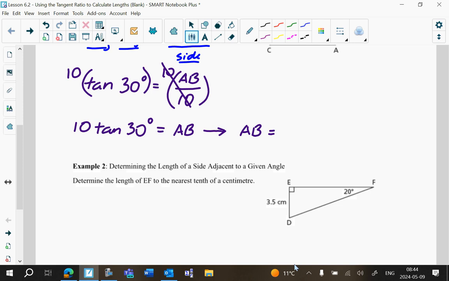All you have to do is go 10 tan 30, and it gives it to you. What do we get? Rounded to the nearest tenth properly, 5.8. 5.8 centimeters. That's it.